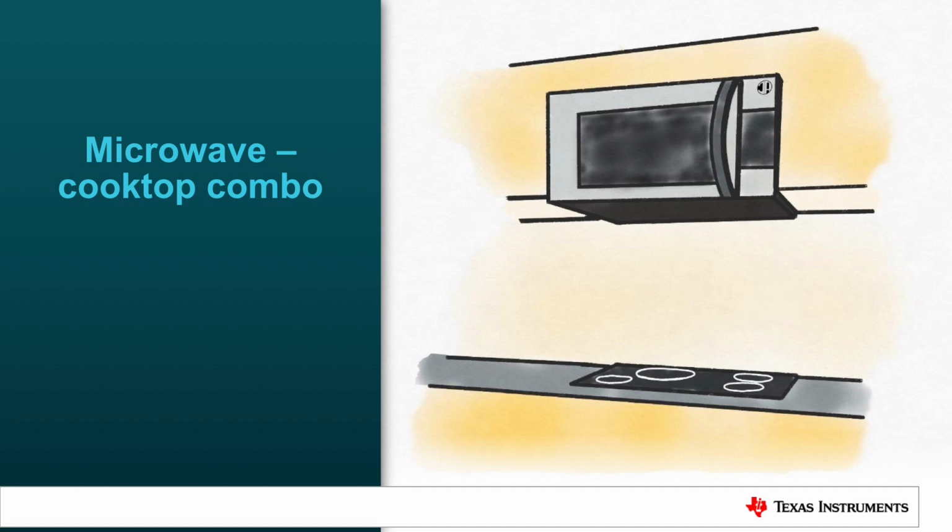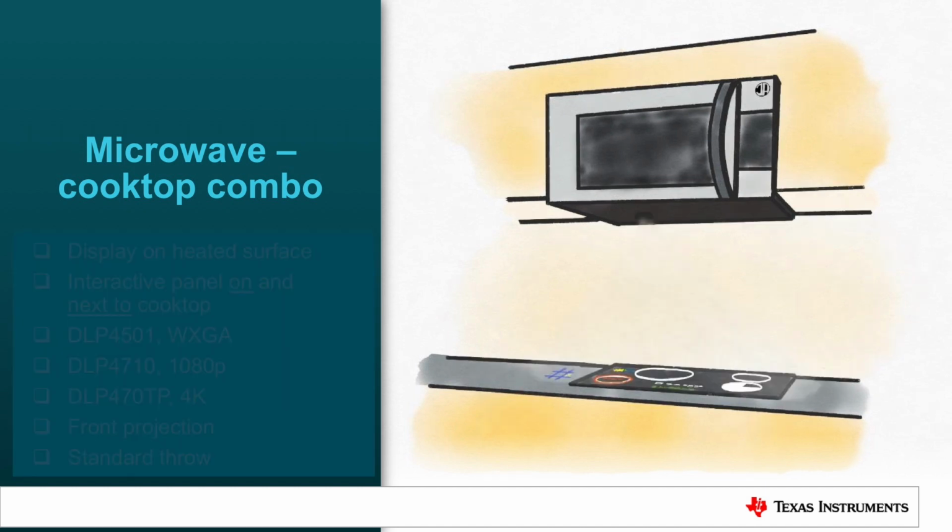But also for this case, we're going to utilize the fact that we have the microwave on top to be able to offer a display on the hot area. DLP Pico technology is able to add a display on the heated surface for the microwave cooktop combo.